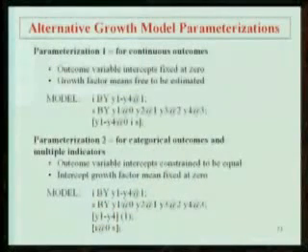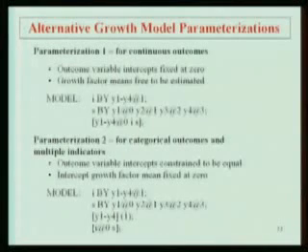The reason we do this with multiple indicator and categorical outcomes is that for polytomous categorical outcomes, it would be more restrictive than necessary to fix all the thresholds for an ordinal variable to 0, when one could hold all the threshold 1s equal across time, all the threshold 2s equal across time, all the threshold 3s equal across time. So it's a more flexible model for that.